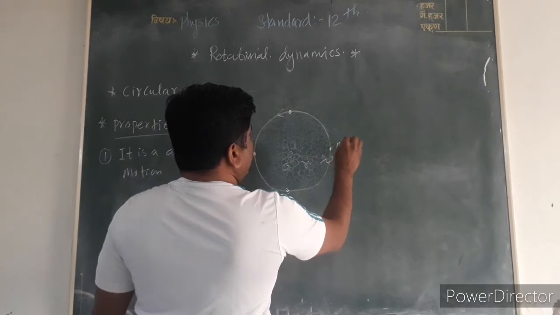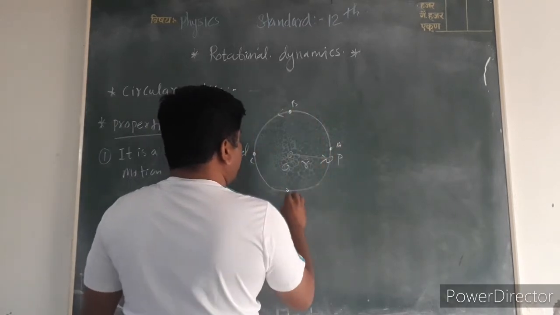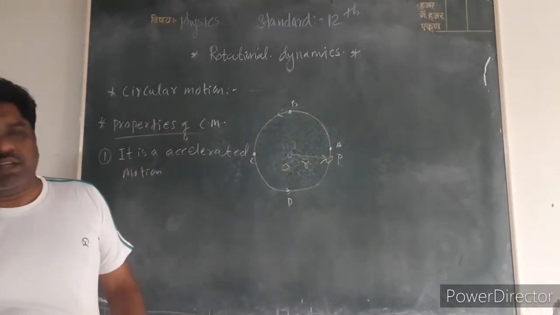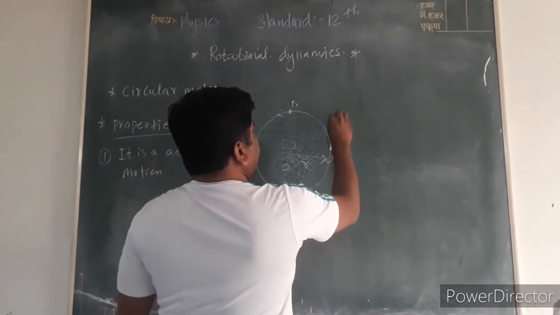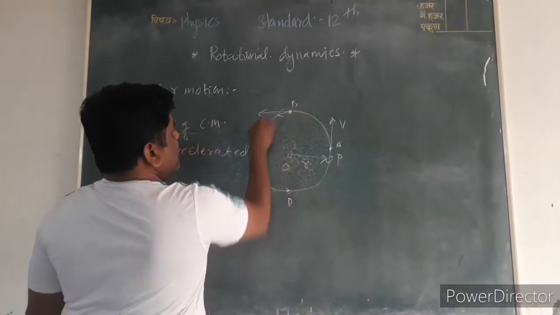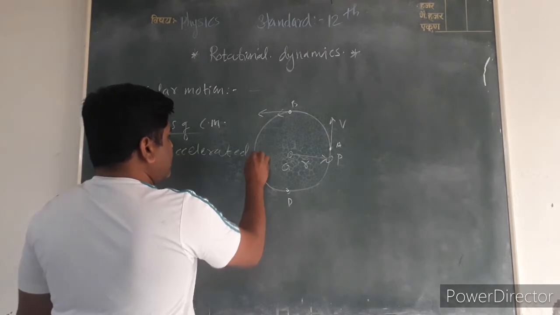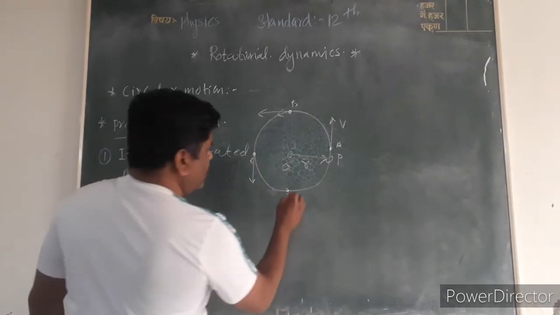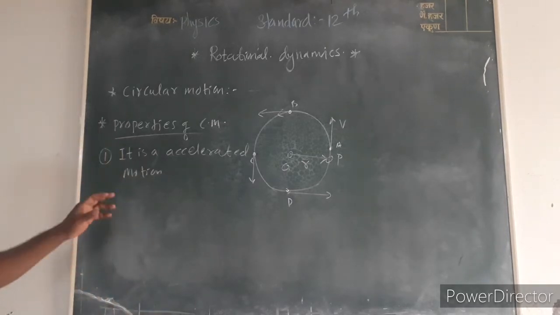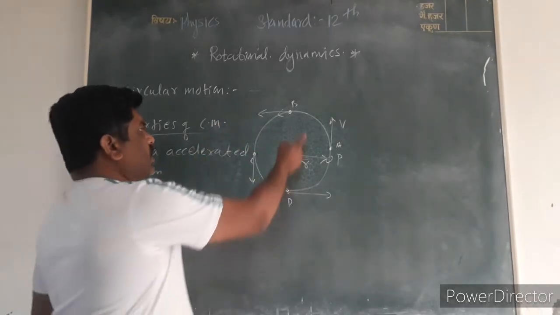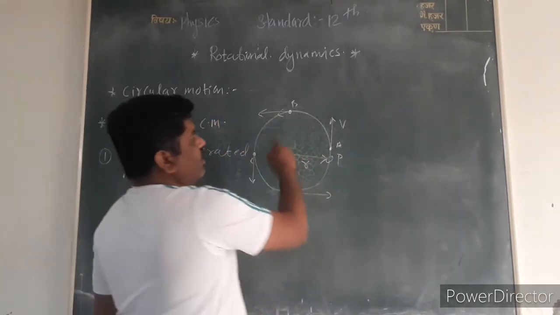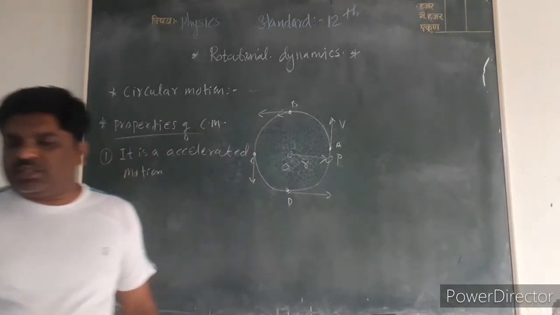Suppose we consider A, B, C, D 3 points, and the particle is revolve around this circumference. At point A, this is the direction of velocity. At point B, this is the direction of velocity. At point C, this is the direction of velocity. And at point D, this is the direction of velocity. That means at every point on this circumference of circle, the direction of velocity is changes.